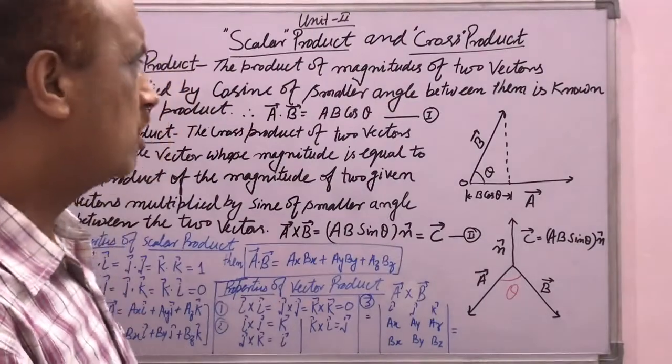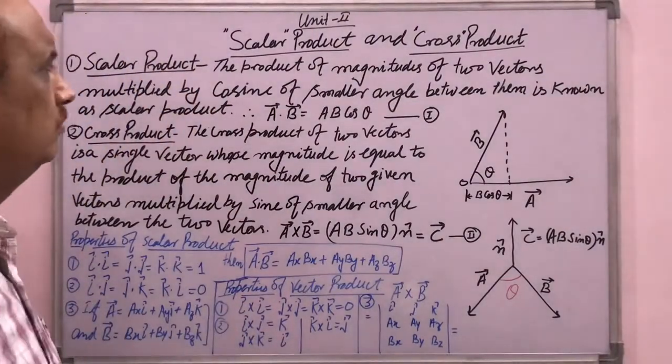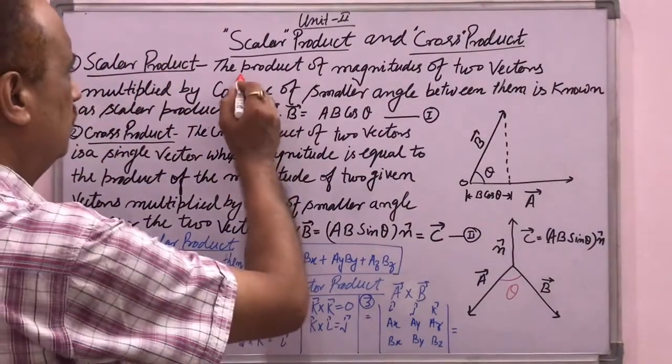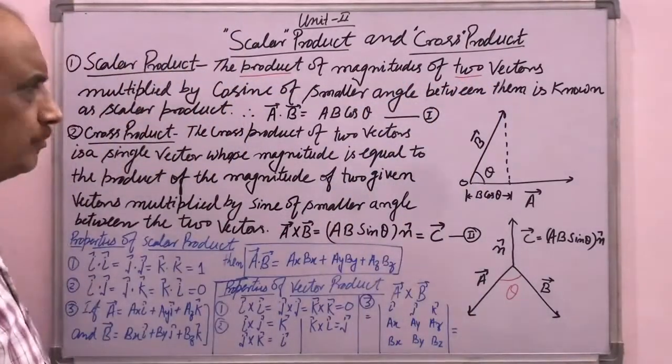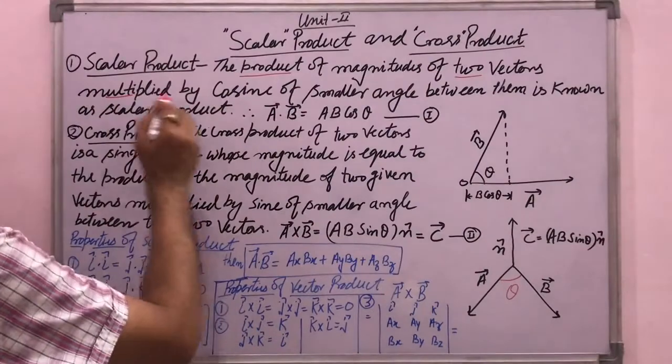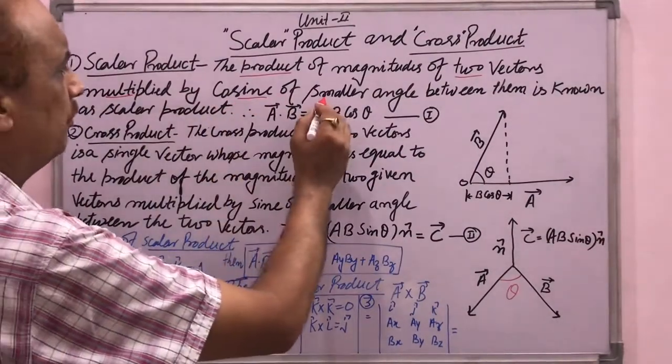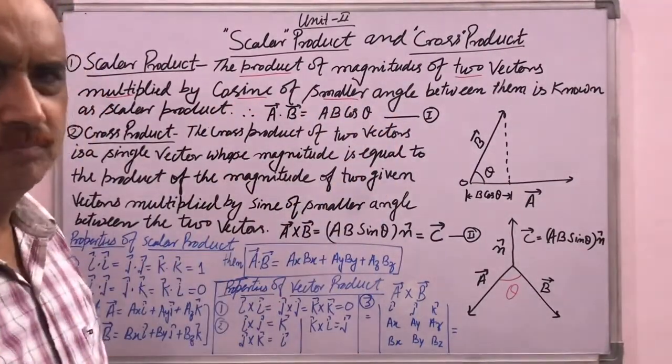A scalar product, from the definition point of view, is the product of the magnitudes of the two vectors multiplied by the cosine of the smaller angle between them.